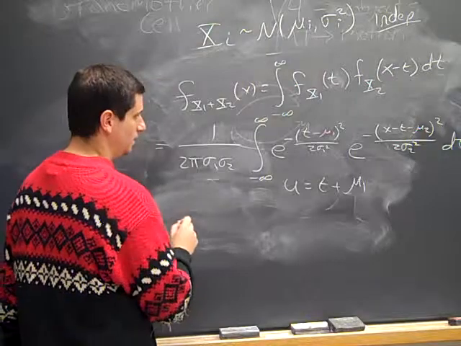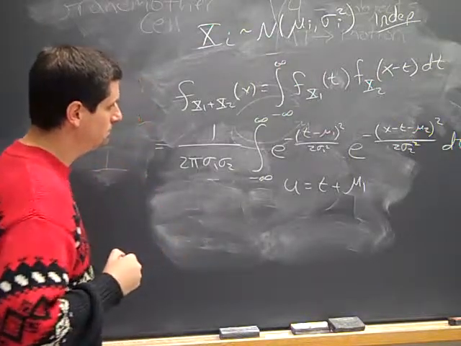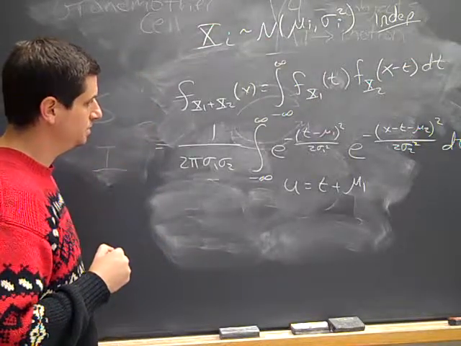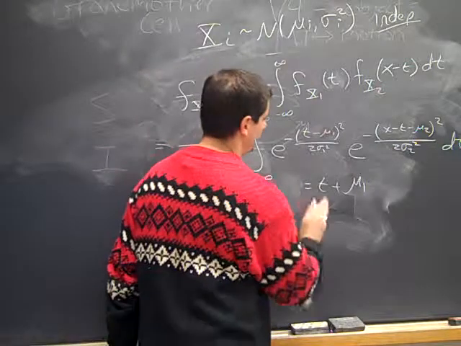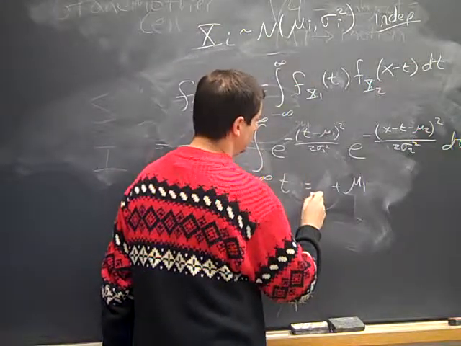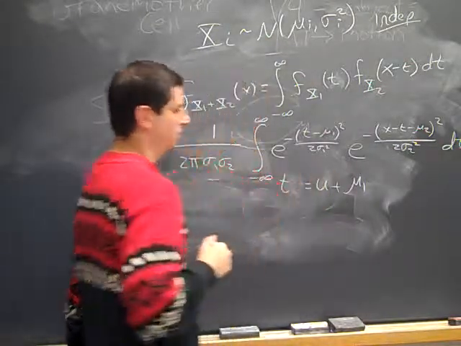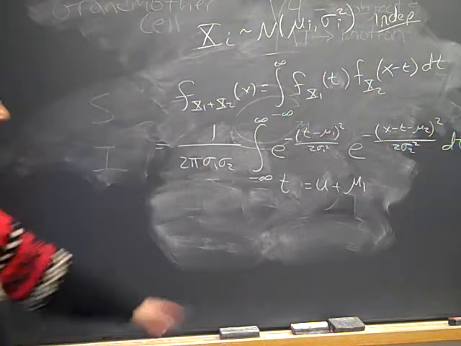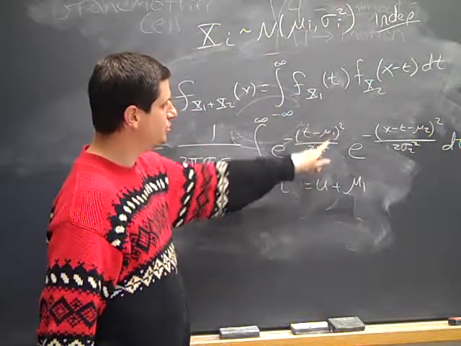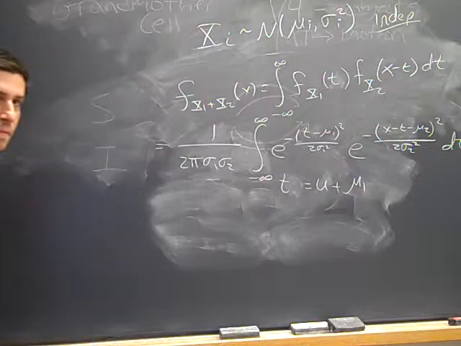T plus or t minus? I think I want t plus. Oh, I'm sorry. I've got t and u on the wrong side. I want t equals u plus mu1. And so when I plug that in here, I'll get a minus u squared over 2 sigma 1.